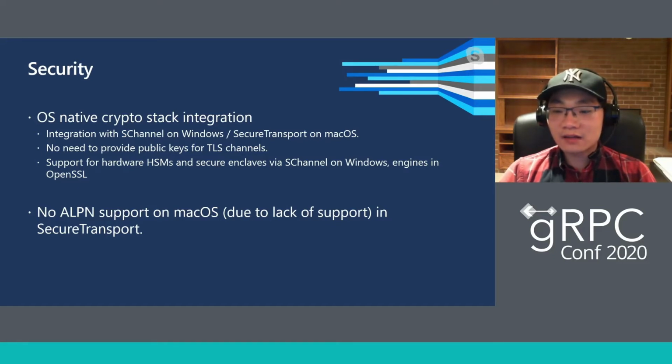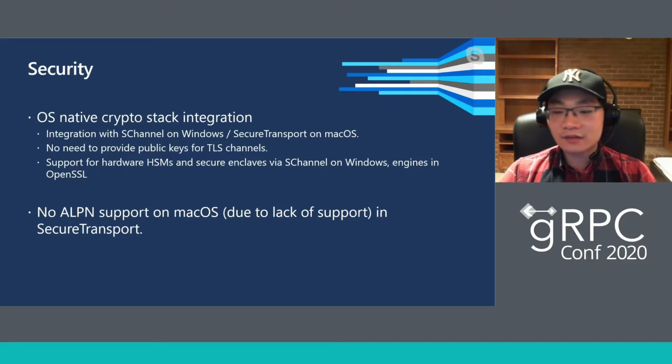It can rely on the cert being present in the certificate store. On the client side, we don't have to specify the public key of the HTTPS endpoint. We can rely on the public key being present in the list of trusted roots in the certificate store. As an additional bonus, we also get support for HSMs and secure enclaves for free.